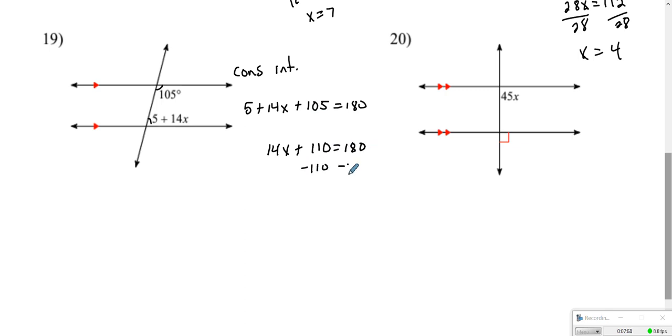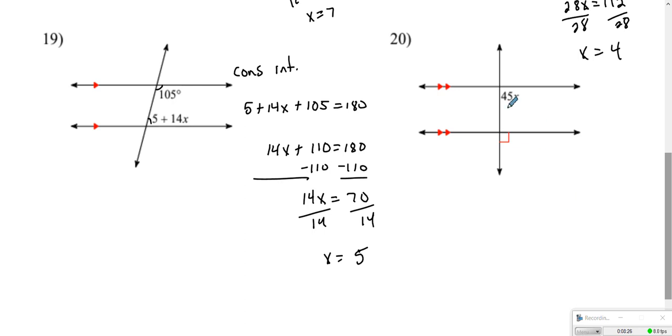Subtract 110 from both sides. I get 14x equals 180 minus 110, which is 70. And divide by 14. Unless I did some math wrong, let's see here. 14 times 5 is 70. So x is 5.